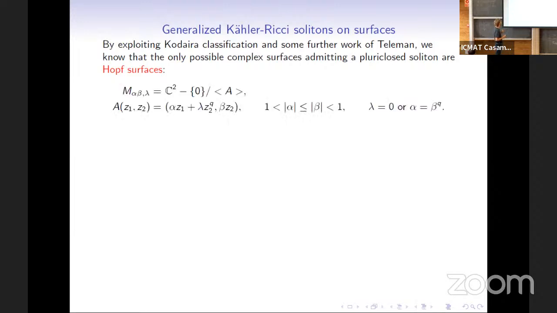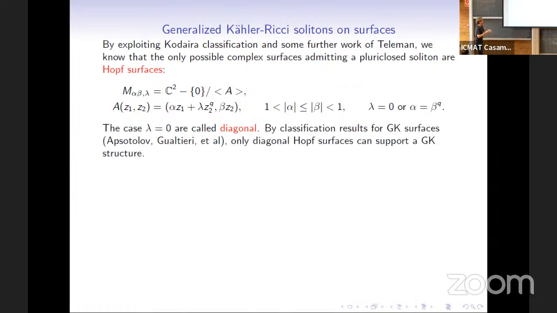Here I write down the more general definition of what a Hopf surface is. The point is that the Z action upstairs can be a bit more complicated. So the alpha and beta do not have to align, and you can have this off-diagonal term. The case lambda equals 0 are called diagonal.